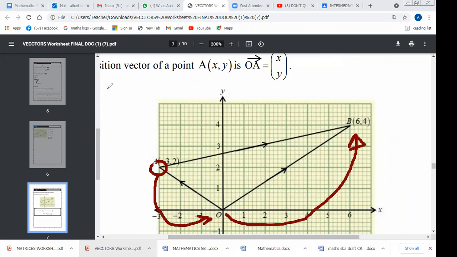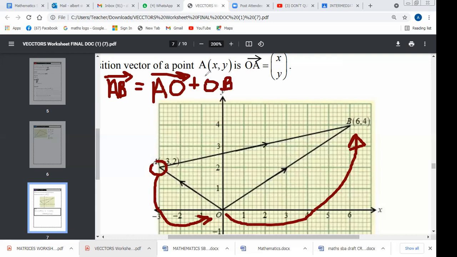So essentially, A to B, the vector AB, the vector equation is from what? A to O plus O to B. Hold on to that now. It's all right.